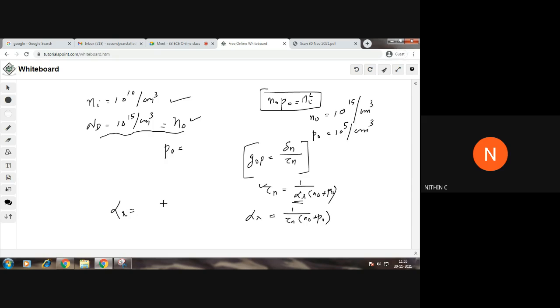Anyone else? 10 raised to minus 8. 9.99, you just take it as 10, so that you will get the answer as 10 raised to minus 8.